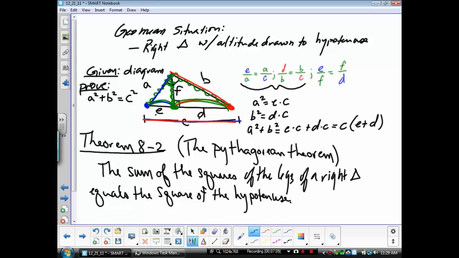C. So since E plus D is C, this is the same thing as C times C, which is C squared. So, Pythagorean theorem, a squared plus b squared has to equal c squared. The sum of the squares of the legs of a right triangle has to equal the square of the hypotenuse.